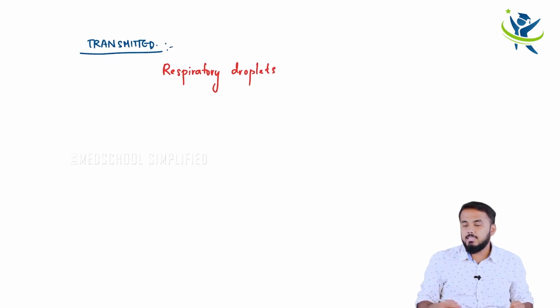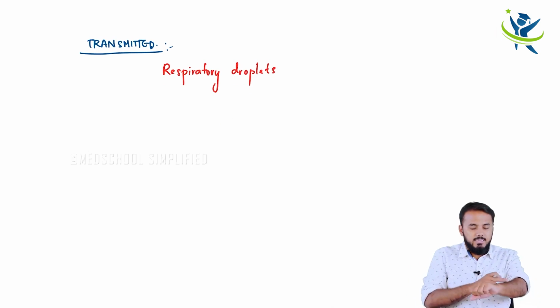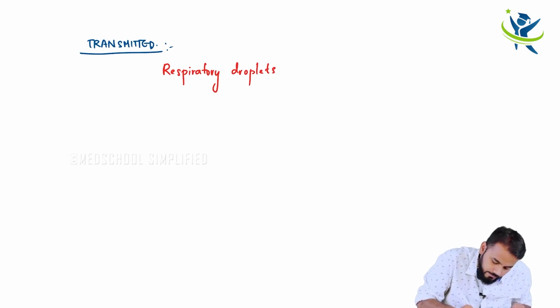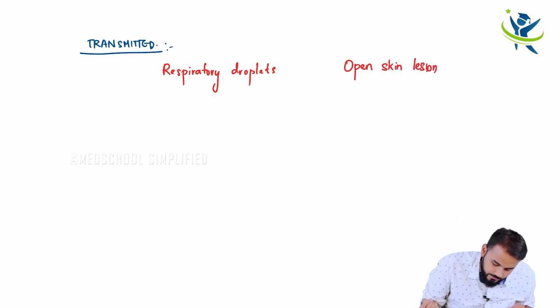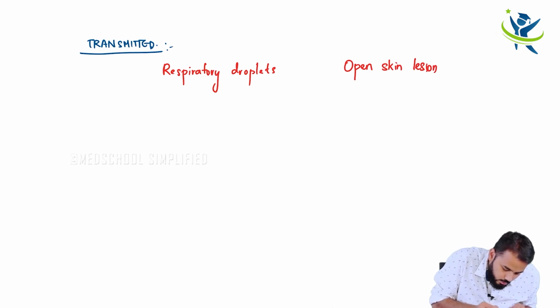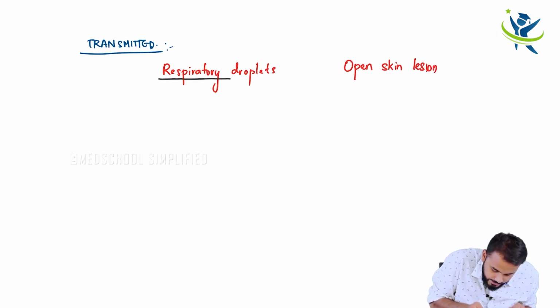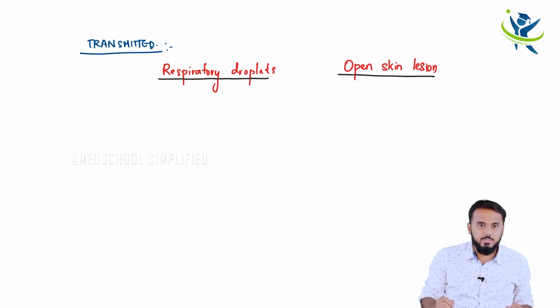Yes. For example, let us say I met with an accident and there is an open skin lesion. So, two ways: one way is respiratory droplets and the other way is an open skin lesion.